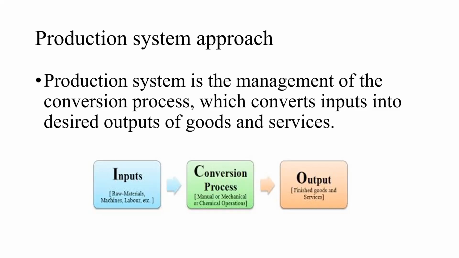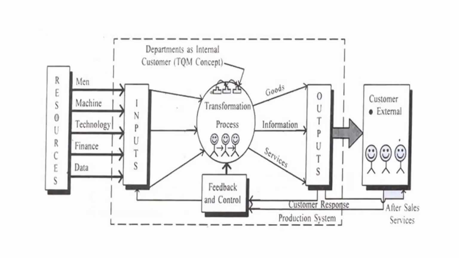Anyway, look at this picture. Through this picture it also presents the production system very clearly. Here you can see the inputs. As examples of inputs, men, machine, technology, finance, data are given here. All these things are resources, and we know resources are the inputs.